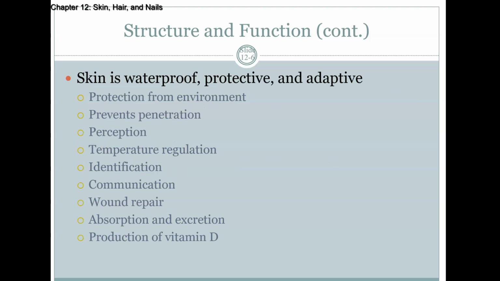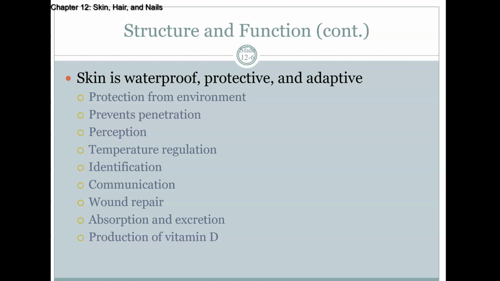So there are functions of the skin. The skin is waterproof. The skin is protective and the skin is adaptive. What does that mean? The skin tends to protect the person from their environment, so that various things cannot just get into your body.